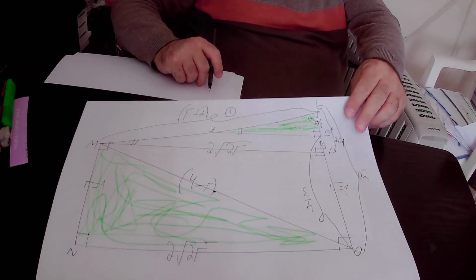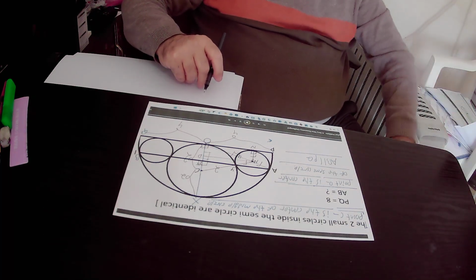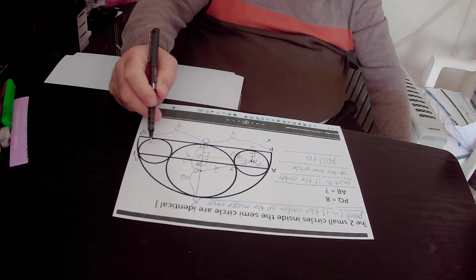In the next step, we will join together points O and B by a straight line.